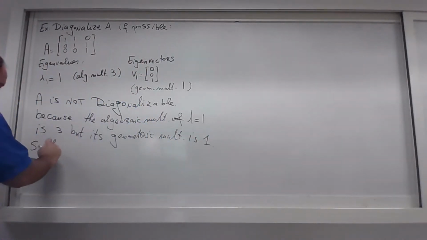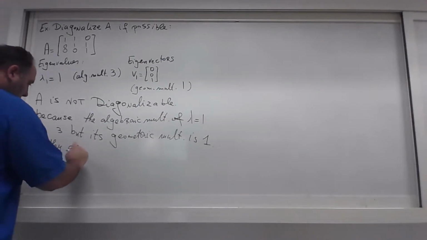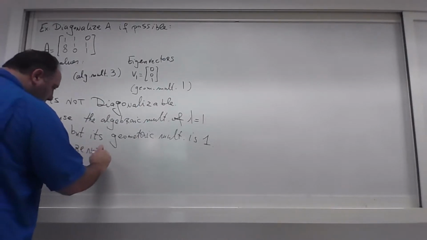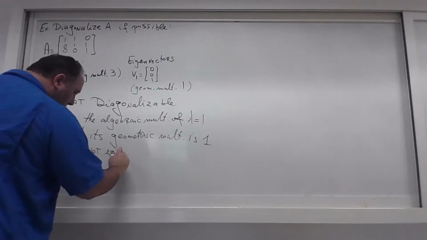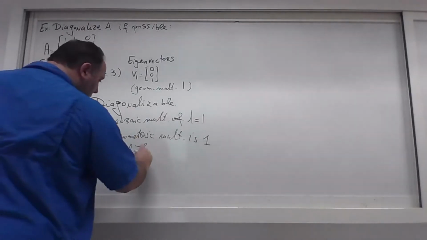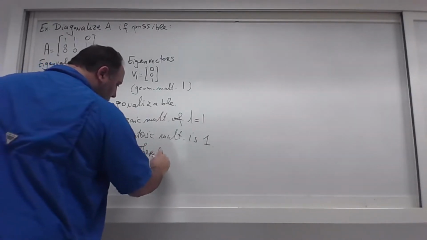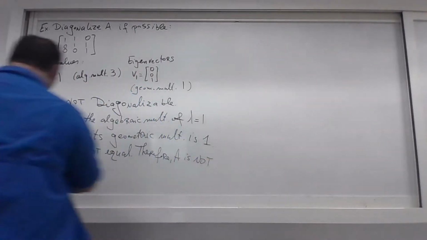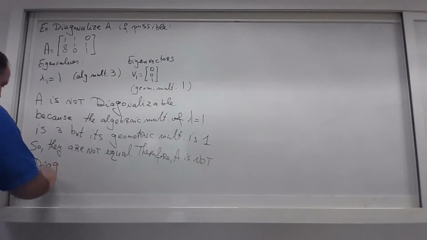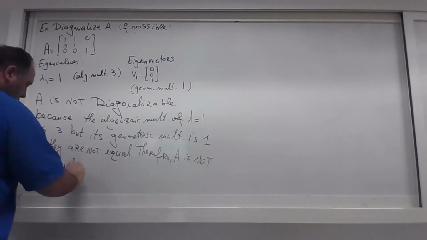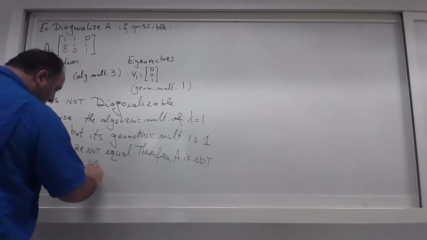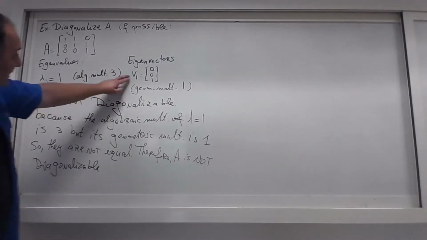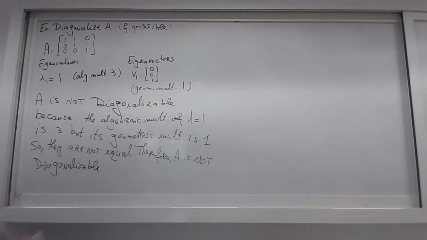So they are not equal. That's a big problem. Therefore, A is not diagonalizable. Okay, what does it mean? It means I cannot build invertible matrix P. I only can fill one column, but I need to fill 3 columns. I cannot.